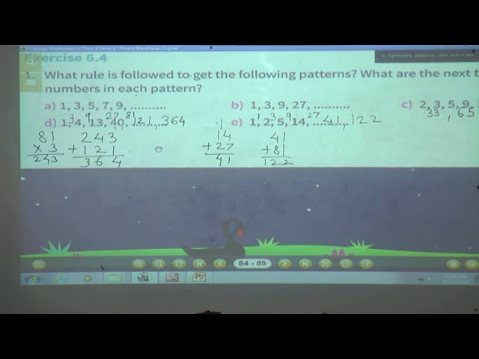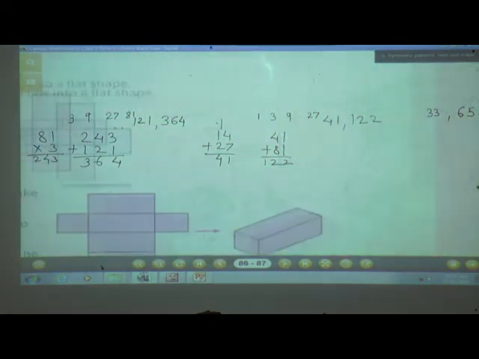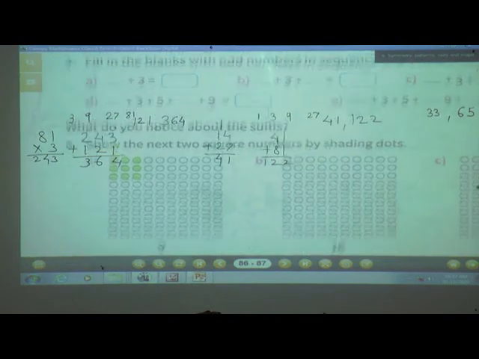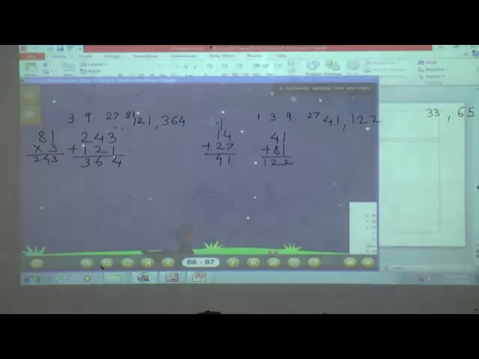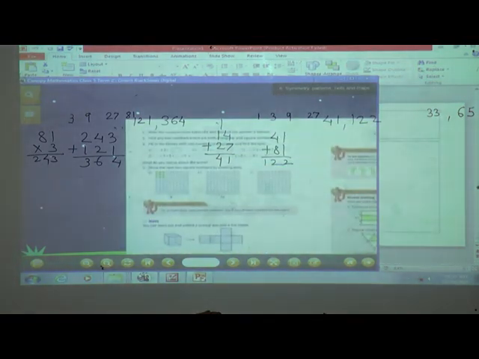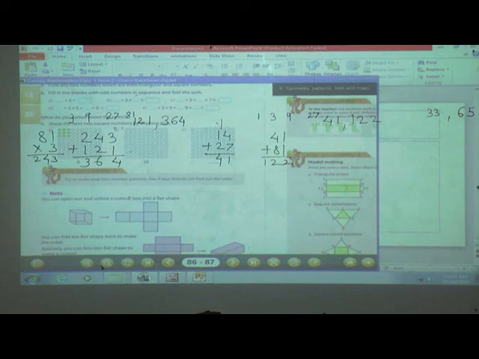So students, our question number 2 we will see, page number 86. See. So what they have given here, students?